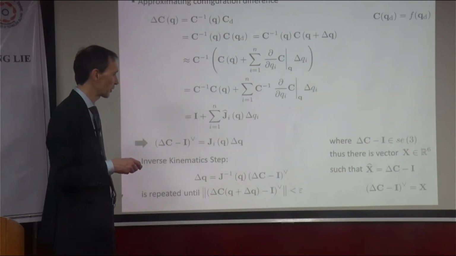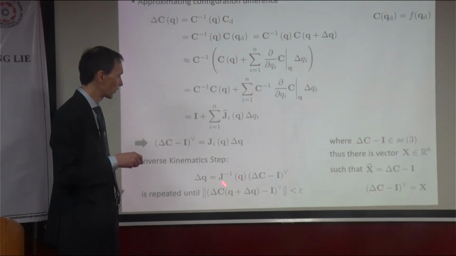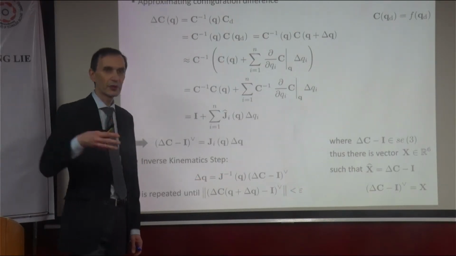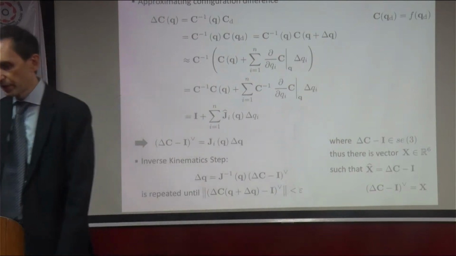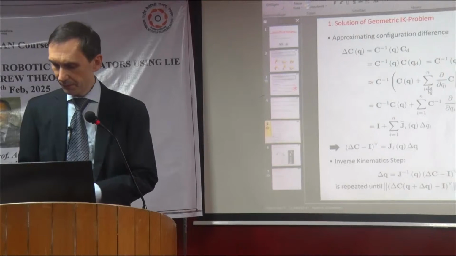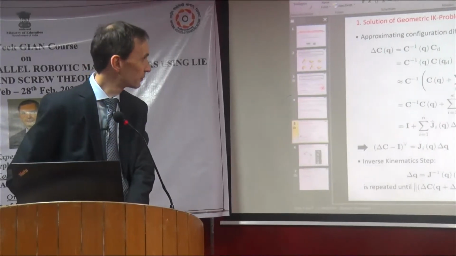A 4 times 4 matrix. It's a twist matrix, and then you multiply with the inverse of delta J, and then you get delta Q, and then you have your first guess for the inverse kinematic solution, and then you repeat it. Okay, I understand that there are no questions.